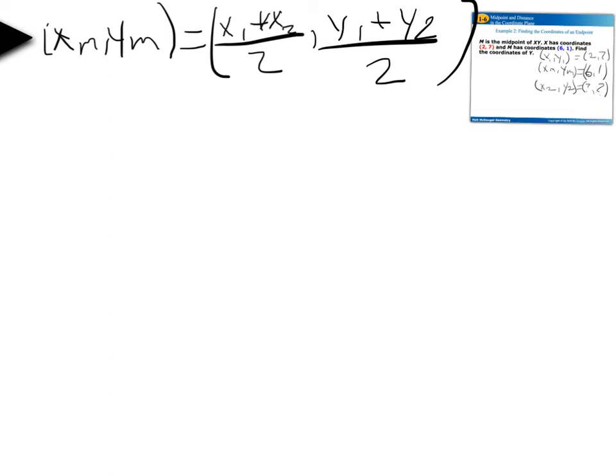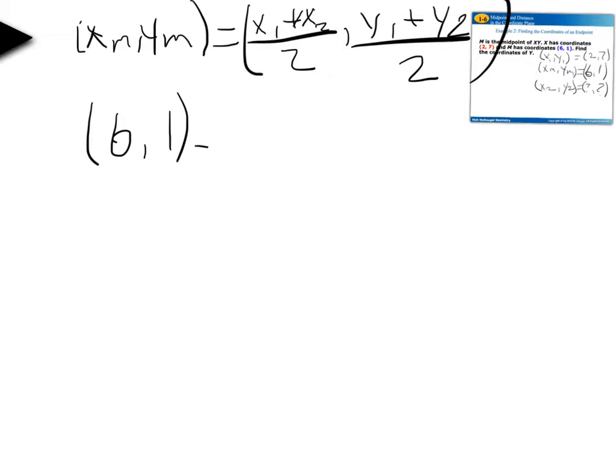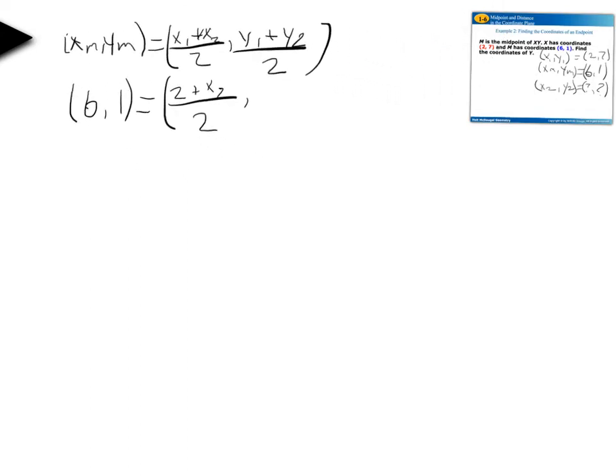So now I just put in what I know. xm, ym is 6, 1. So I'm going to put 6, 1 over here, and I'm going to set this equal to x1, which was 2. I don't know x2, so I'm going to leave this as x2 over 2. Then I've got y1 is 7 plus y2 over 2.